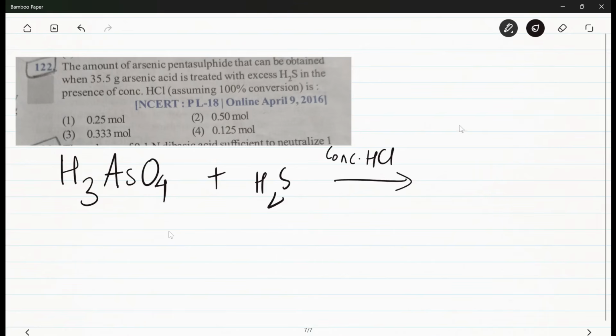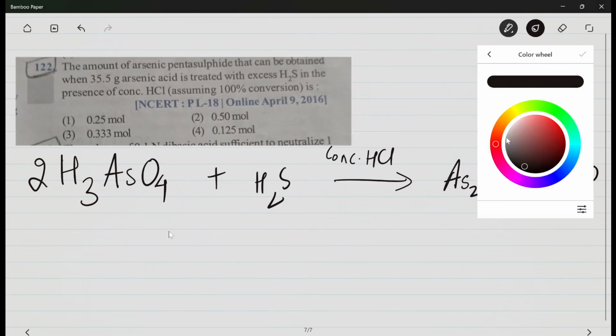But see what happens. Now, arsenic pentasulfide. Can you write the formula of arsenic pentasulfide? As2S5. Yeah. And then to balance the reaction, as per requirement, we have to add water molecules. Because on this side oxygen is there, on this side not there. So to balance oxygen, I need to add 4 water molecules minimum. Then to balance arsenic, here 2 arsenic is there. First I multiply 2 here.